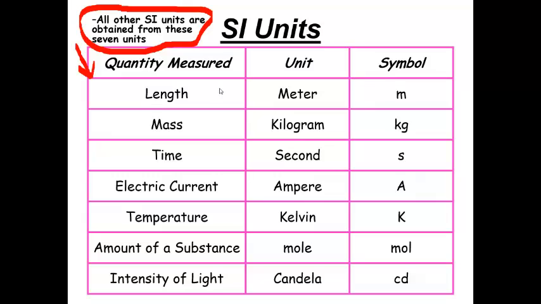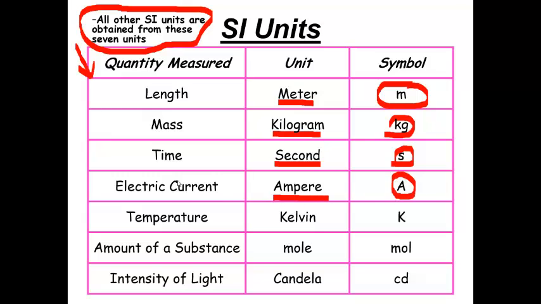So we have length, where we use the meter, symbol m. If we're measuring mass, we use the kilogram, kg. Notice we don't use grams, we use kilograms. Time, second, little s. For measuring electric current, we use the ampere, A. For temperature, scientists always use the Kelvin.